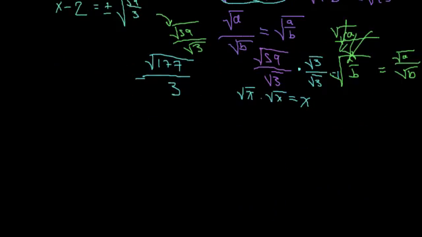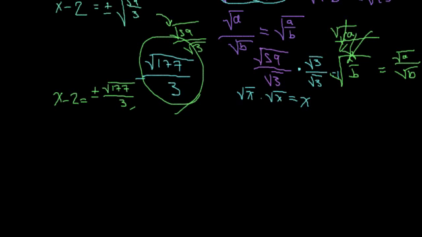So, what can we do now? Well, we know that x minus 2 is equal to plus or minus rad 177 over 3, because we rationalized that. So, we'll do our final step: we add 2 on both sides, and get x equals 2 plus or minus rad 177 over 3.